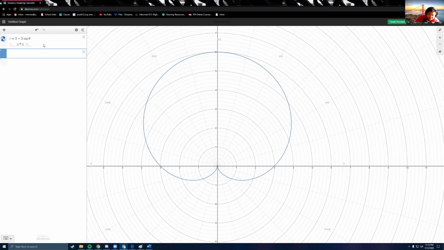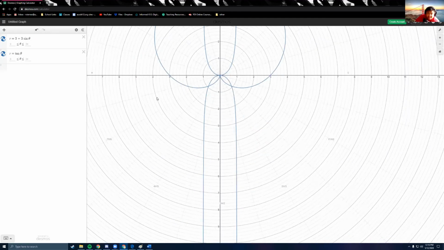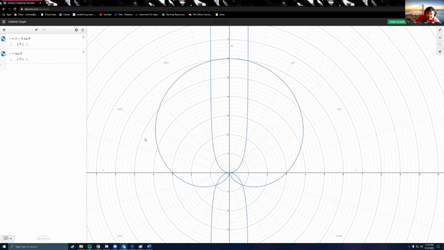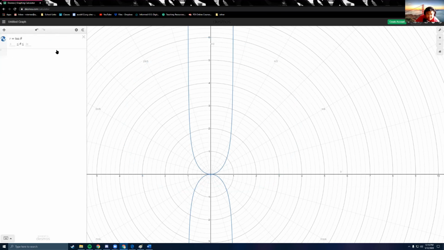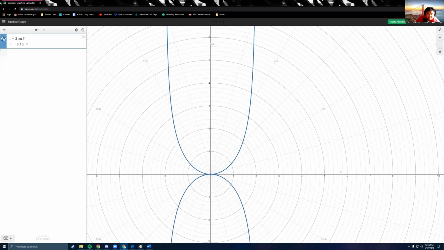You can get some really bizarre things. I've never done tan before. Tan's this weird looking thing. Now it looks like a hot dog on top of a hamburger. What about 2 tangent? I don't even know what this does. Oh, it just makes it wider.